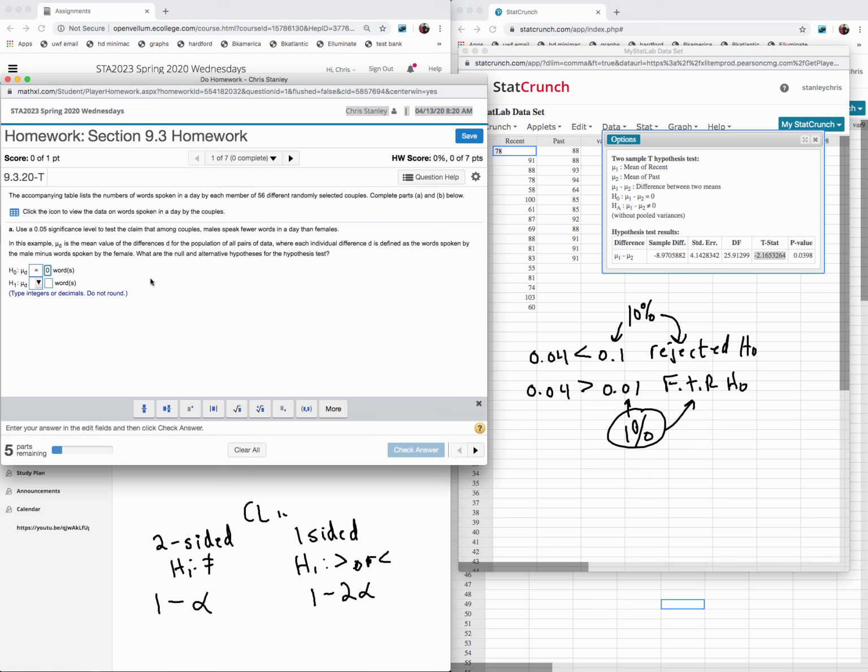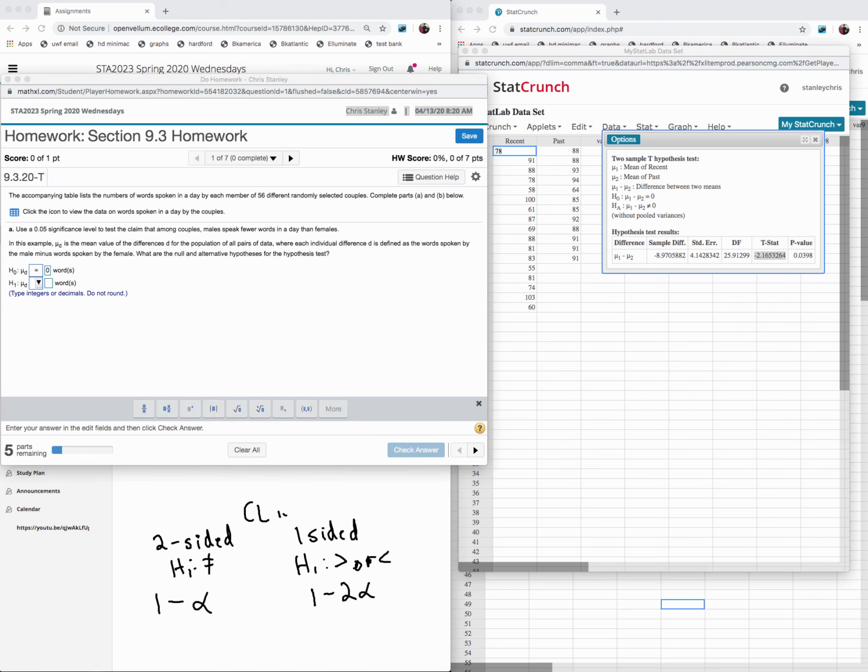Okay, now I'm looking for some sort of a claim here. Males speak fewer. Okay, so let me show you how to do this. The claim is males speak fewer. So we need to look: did they do males minus females or females minus males?